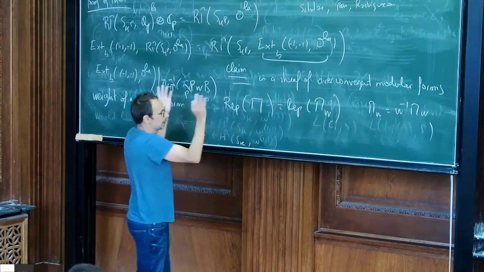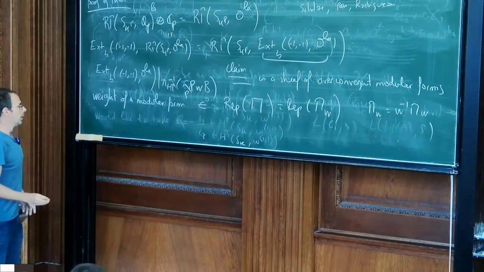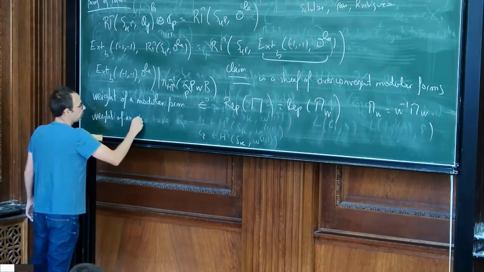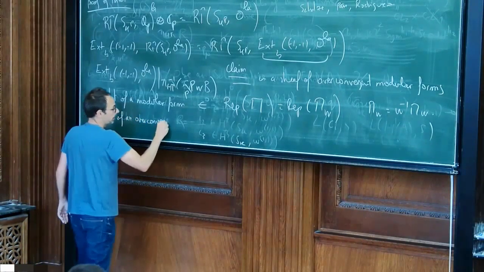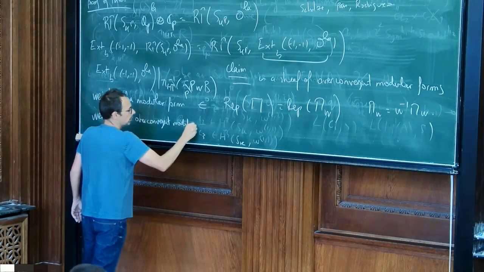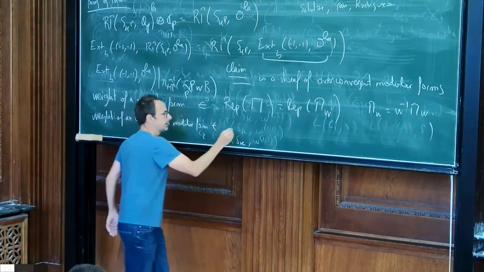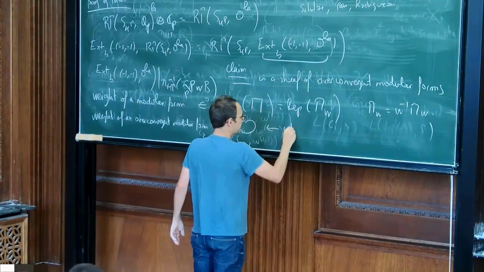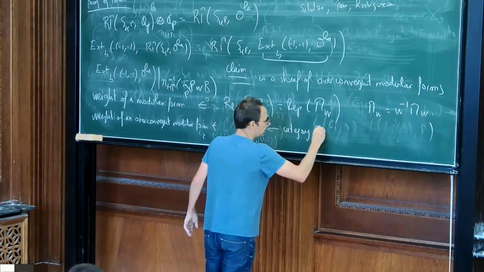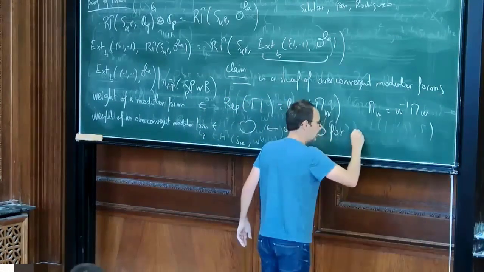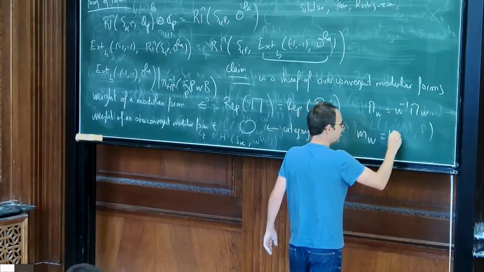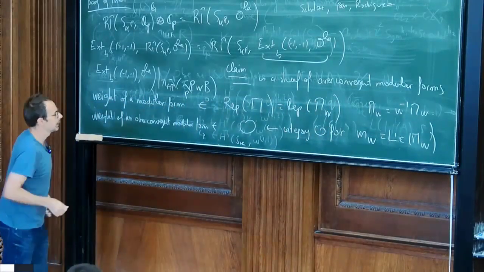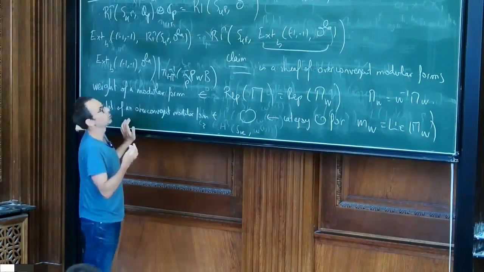But anyway, the representations are the same. The groups are conjugated. So now what's the weight of an overconvergent modular form? This is actually an object of category O, where this is category O for the Lie algebra of M_w. Okay? So that's the natural way to think about things.